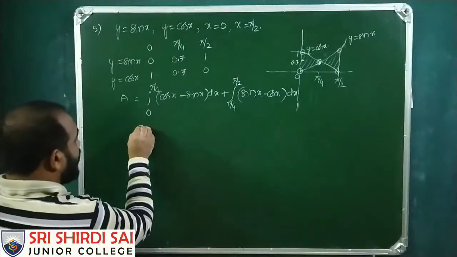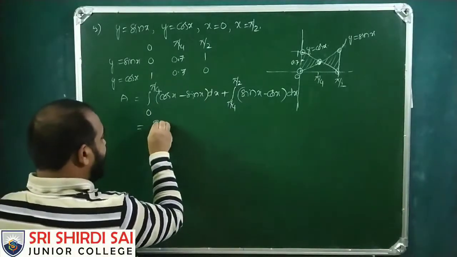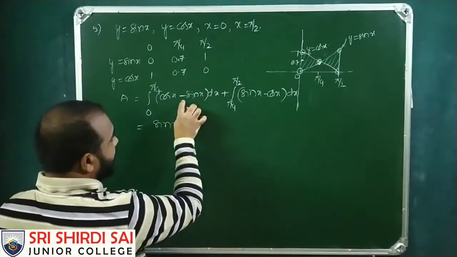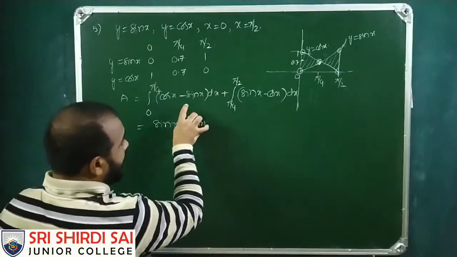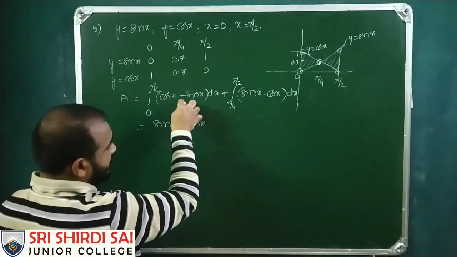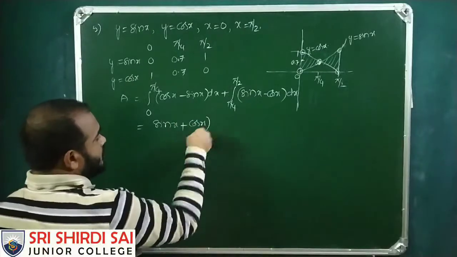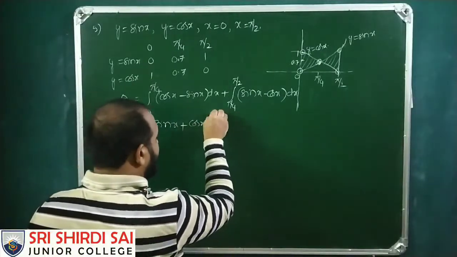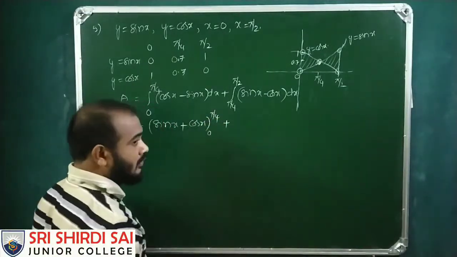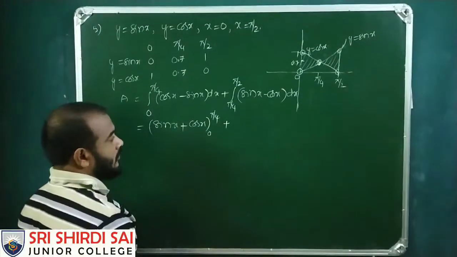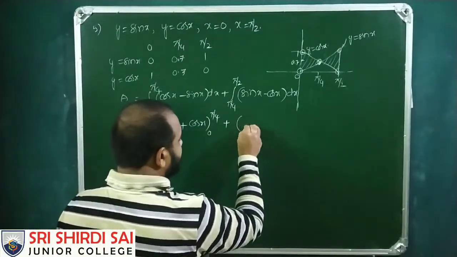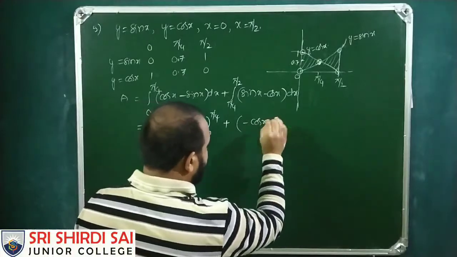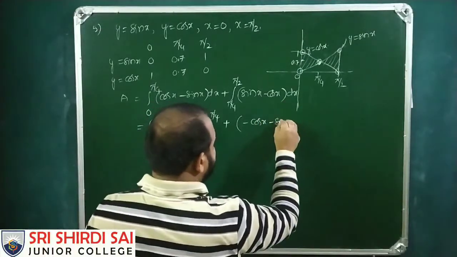Okay. So integral cos x dx is sin x, minus integral sin x dx is minus cos x. Minus of minus is plus. So the process is over. 0 to pi by 4 is to be written here. Integral sin x is minus cos x, minus integral cos x is sin x.